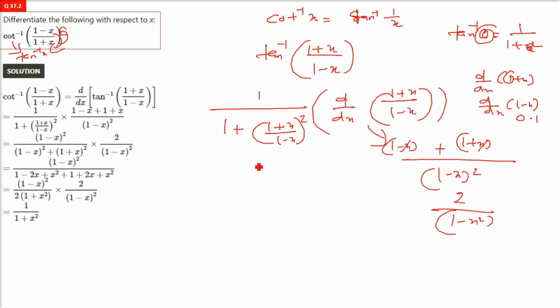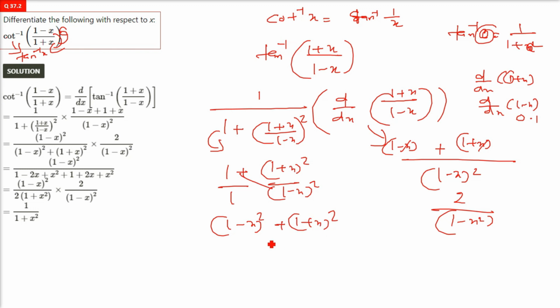In the front we have 1 by 1 plus ((1 plus x) by (1 minus x)) whole square. So we have to solve this also. I am doing the denominator first. 1 by (1 plus x) whole square over (1 minus x) square. So (1 minus x) square plus (1 plus x) square, I am taking the LCM, divided by (1 minus x) square. Now remember, this was in the denominator, but that is 1 by this thing.